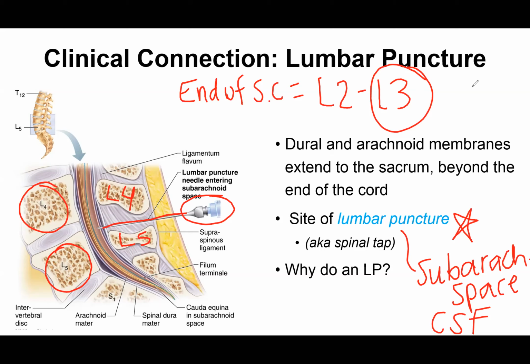Things you might be thinking about, hopefully, are that we want to test this cerebrospinal fluid if we suspect, for example, some sort of infection. If we suspect infection, then we will find bacteria or whatever in the cerebrospinal fluid.